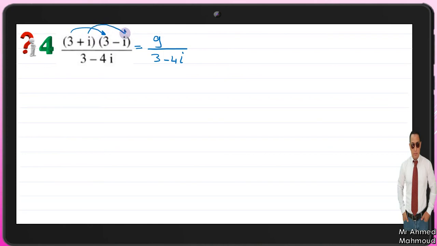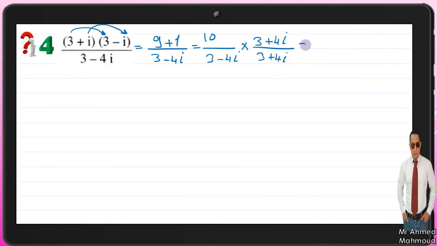I times negative i equals negative i power of 2. I power of 2 changes the sign, it will be plus 1. So it will be 10 over 3 minus 4i. Now I'm going to multiply up and down by the conjugate of the denominator, 3 plus 4i up, 3 plus 4i down.